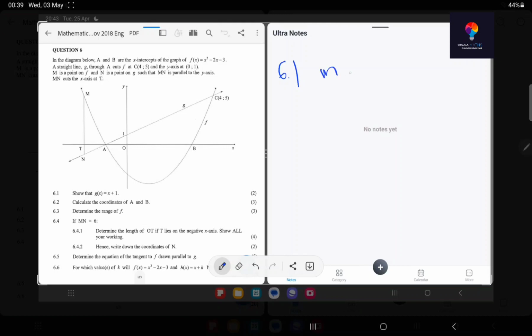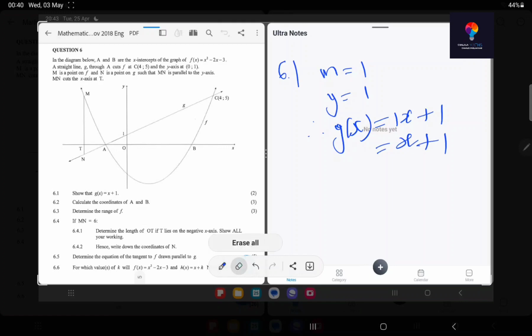Since we got our gradient m to be 1 and our y-intercept to be also 1, therefore our equation is going to be g of x equals 1x plus 1. It's the same as x plus 1. Those are the steps, guys. Let's go to 6.2.